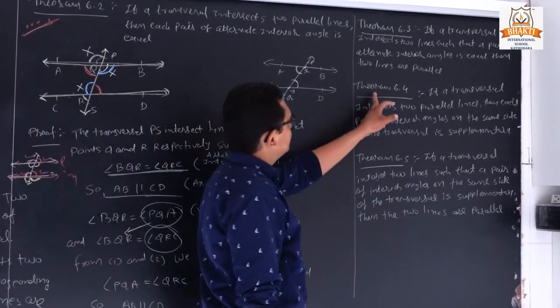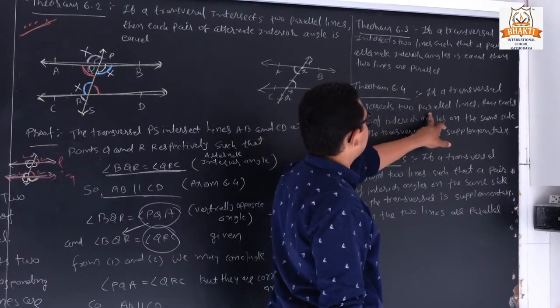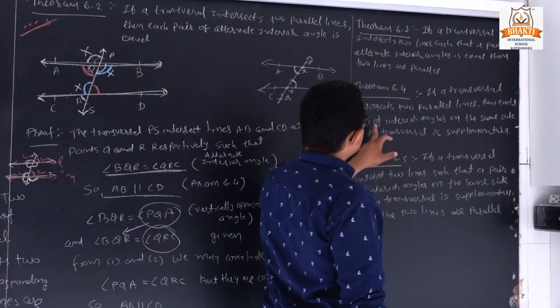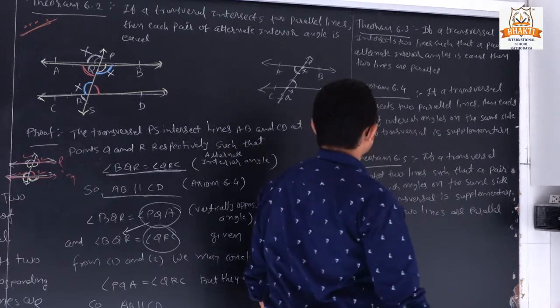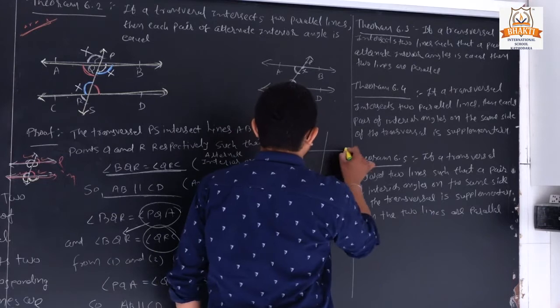Now next, 6.4. If a transversal intersects parallel lines, then each pair of interior angles on the same side of the transversal is supplementary.